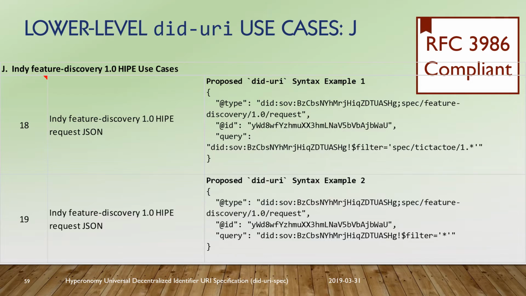So that would be exactly equivalent to the one before. In addition, just to highlight this example, we want to return all of the features that are supported. So here we're piping it through $filter equals star.